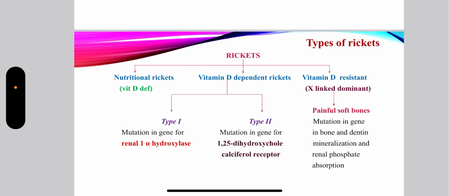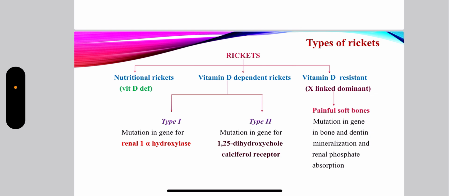We discussed the same thing when I was telling you about the synthesis of vitamin D. 1-alpha hydroxylase is present in the kidneys, and this enzyme plays a pivotal role in the conversion of 25-hydroxycholecalciferol or calcidiol into 1,25-dihydroxycholecalciferol or calcitriol.